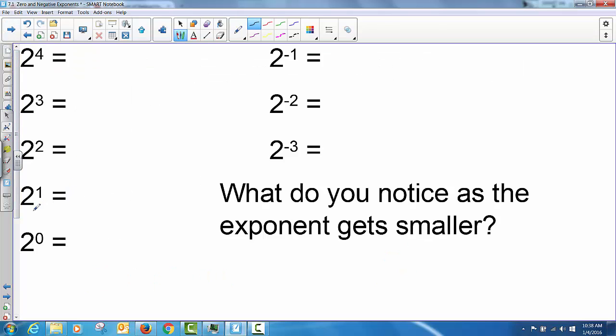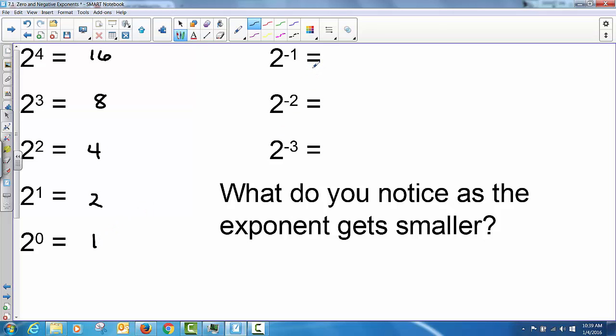All right, let's look at this one. We've got 2 to the 4th. 2 to the 4th is 16 because it's 2 times 2 times 2 times 2. 2 to the 3rd is 2 times 2 times 2, which is 8. 2 squared is 4. 2 to the 1st is 2. 2 to the 0 we know is 1.